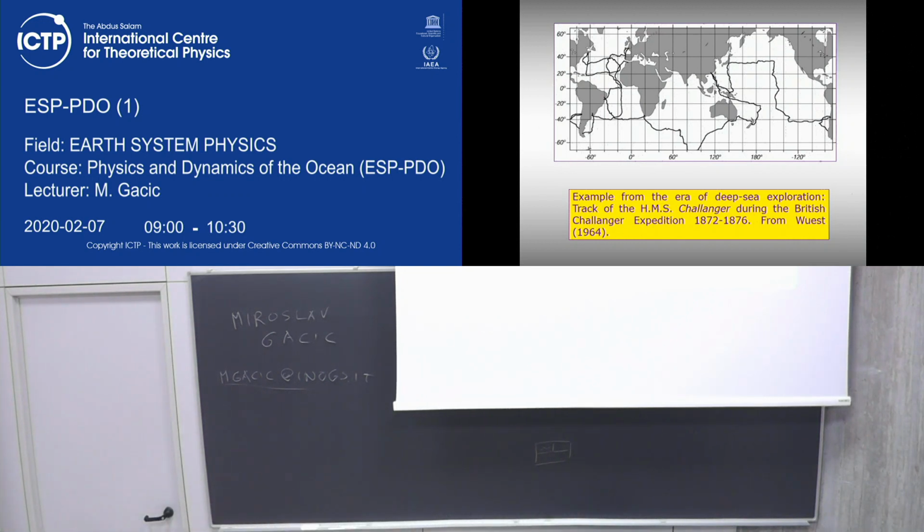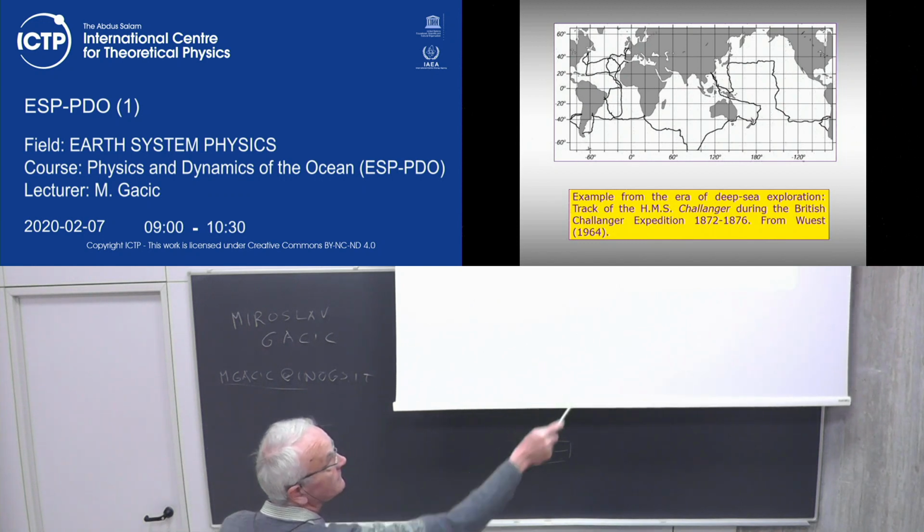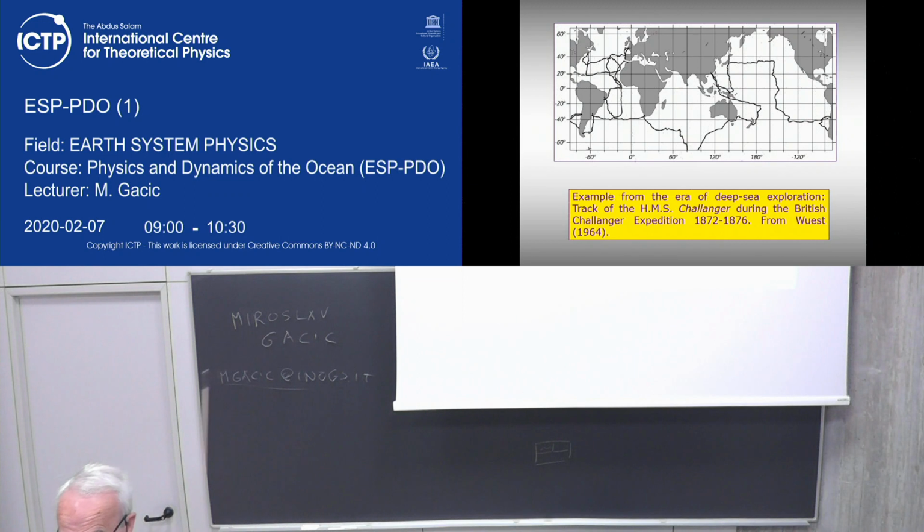And this is how the first measurements, at the end of the 19th century, in 1872, looked like. In about 4 years, a single ship did this trajectory, these in situ measurements.